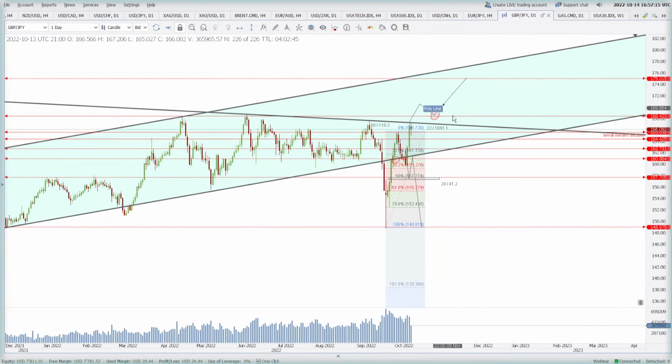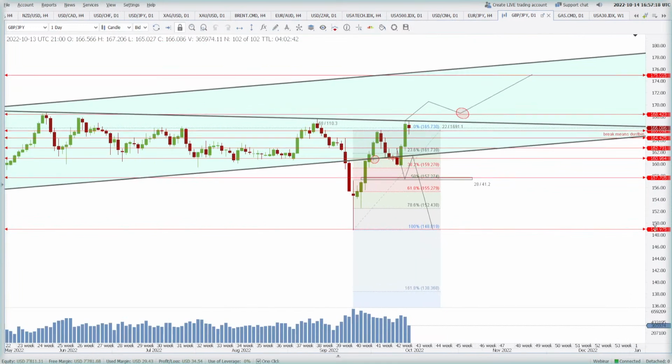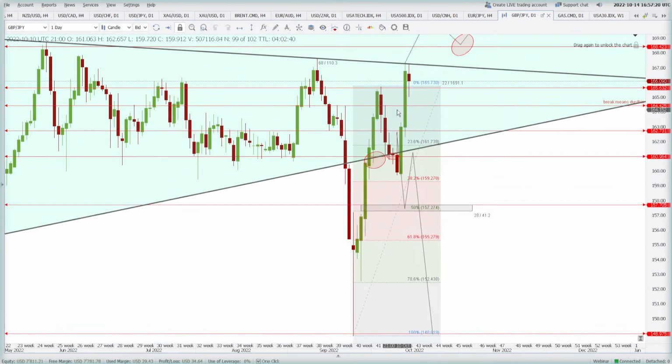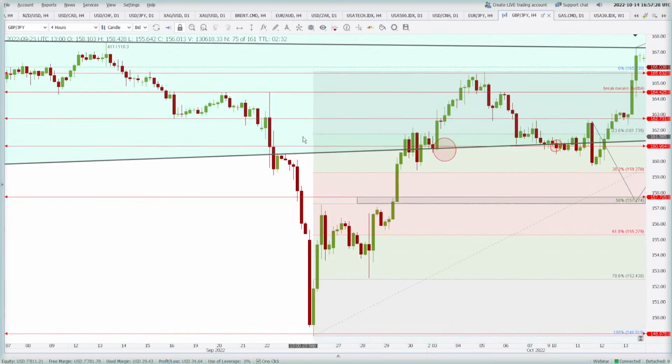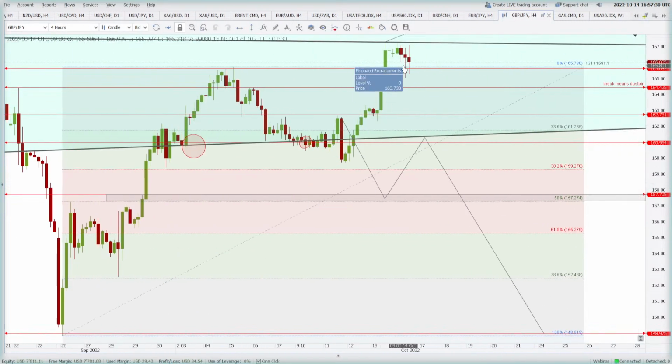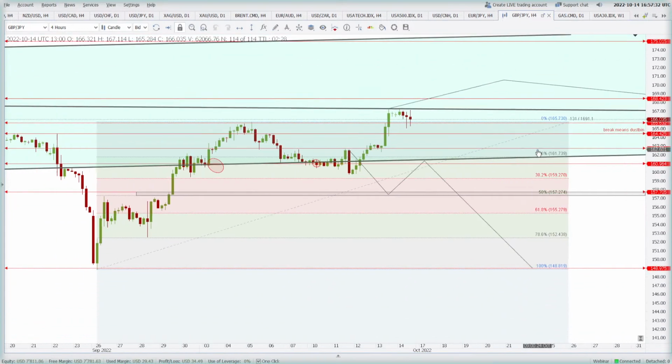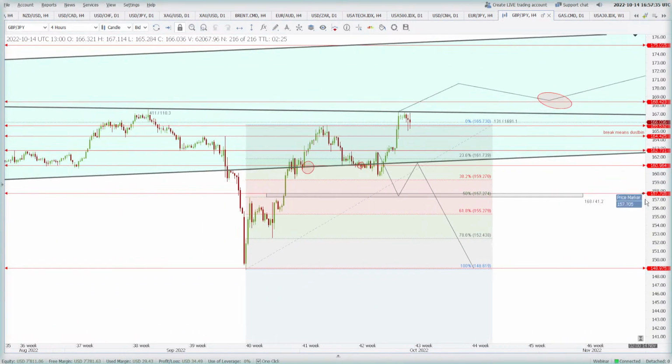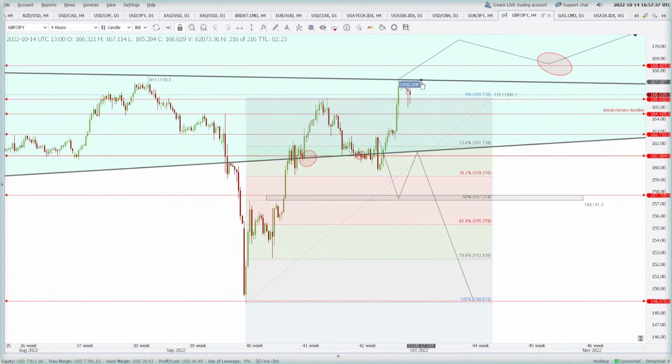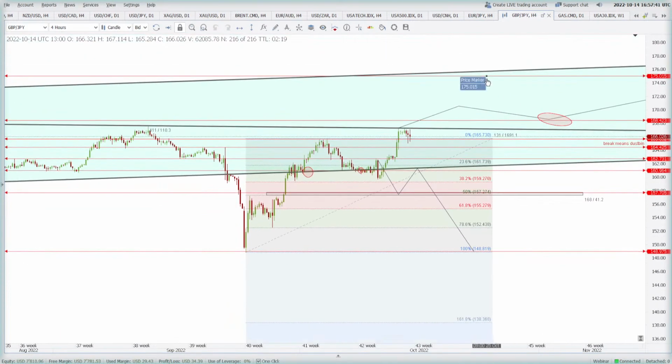GBP/JPY, it is also traveling now at the resistance zone. Today is an inside bar. Inside bar getting consolidated, taking support at 165.63 on the lower time frames. Going good. GBP/JPY, it seems like it is loading itself to break out of 167 area here and hit the 168.42 and maybe even higher to 175.01.